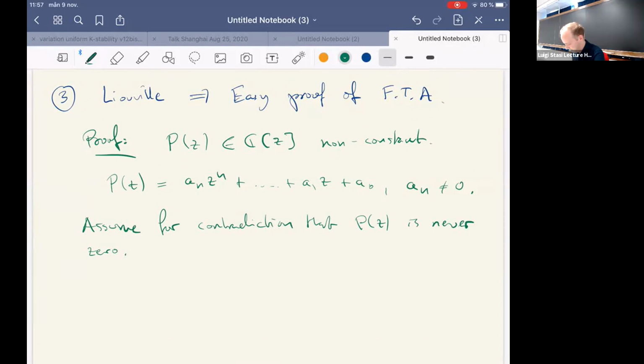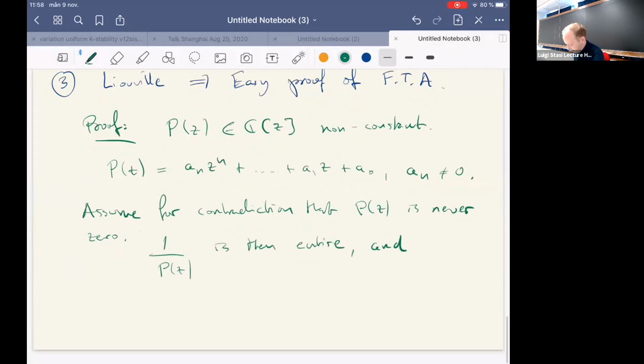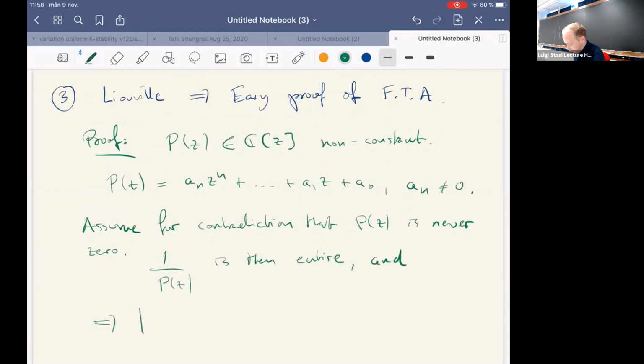So 1 over P of z is then entire. This is the point. So 1 over P of z is entire, and so then bounded, right? So this implies that the absolute value of 1 over P of z, which is just 1 over the absolute value of P of z, is bounded for any z.